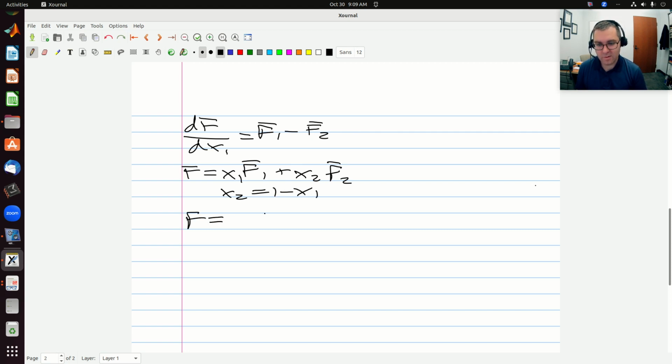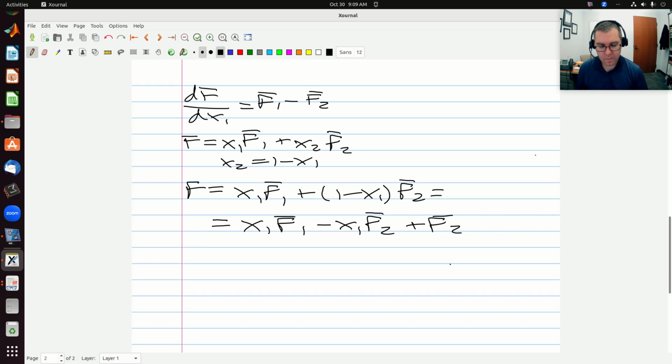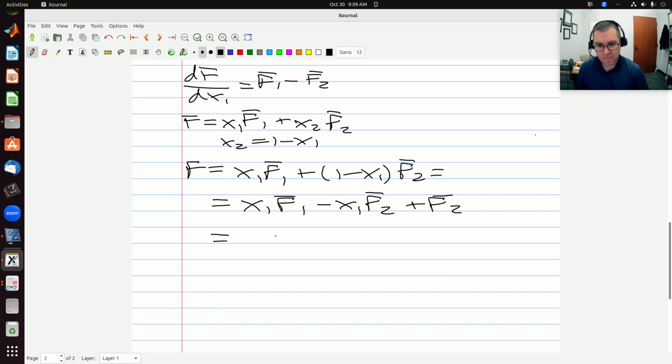So I have f is equal to x1 f-bar 1 plus (1 minus x1) f-bar 2. That's equal to x1 f-bar 1 minus x1 f-bar 2 plus f-bar 2. Collecting terms, I have x1 times (f-bar 1 minus f-bar 2) plus f-bar 2, and this is all equal to f.